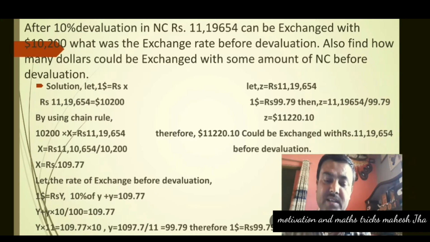Then we get $11,220. Therefore $11,220.20 could be exchanged with rupees 11,19,654 before devaluation.